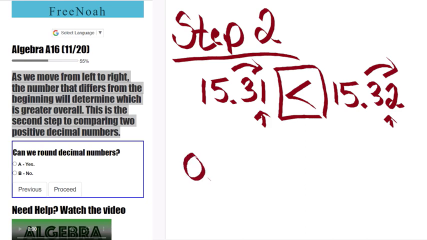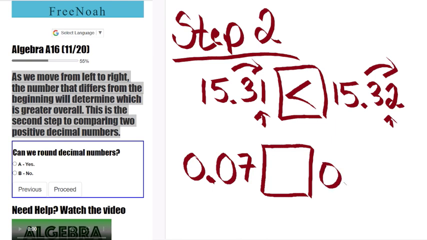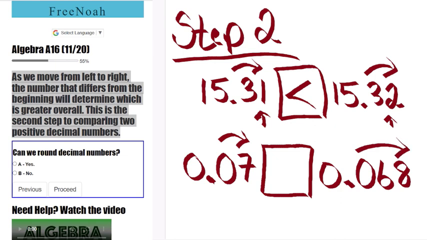All right. Now let's give you another example here where we have 7 hundredths and 68 thousandths. Which is greater? Let's go left to right. Okay.